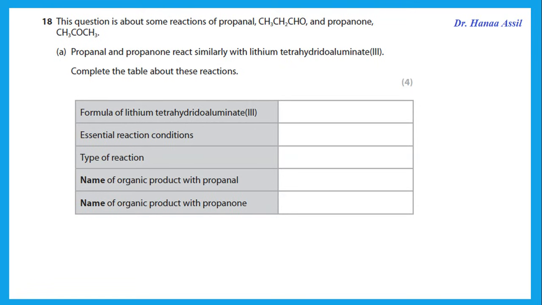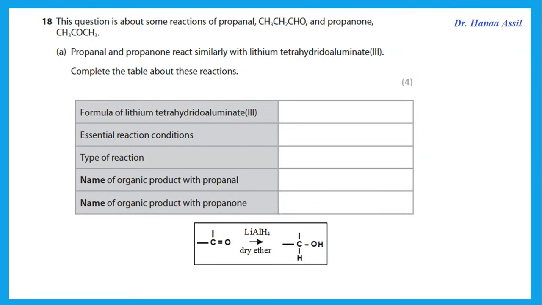This question is about some reactions of propanal and propanone. Now, they react similarly with lithium tetrahydridoaluminate, and that's actually lithium aluminum hydride. So the formula of lithium aluminum hydride is this. Remember, to react with lithium aluminum hydride, it has to be in dry ether.